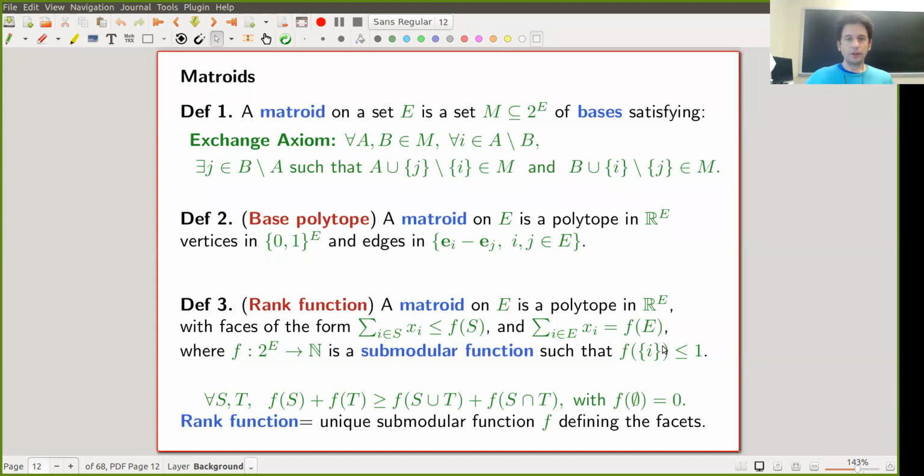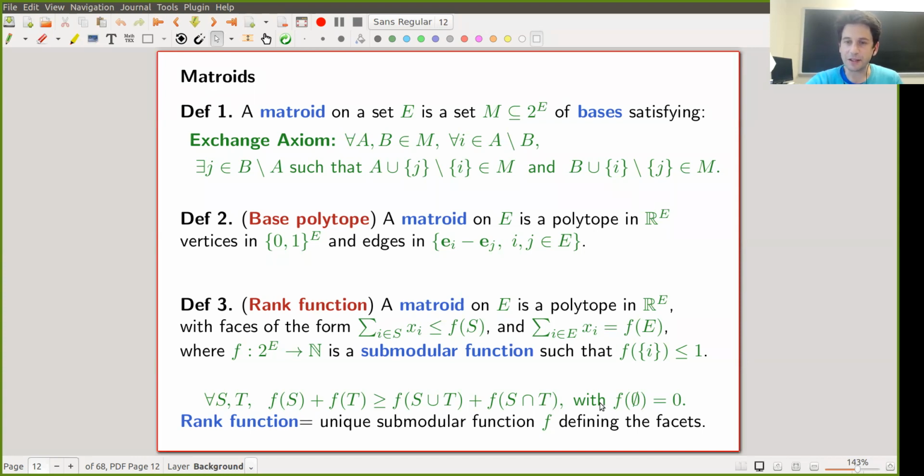Just as a reminder, what is a submodular function? It's on the Boolean lattice. It's a function from the subsets of E to the integers, such that for any sets S and T, we have the following inequality: f(S) plus f(T) is greater than or equal to f(S union T) plus f(S intersection T).